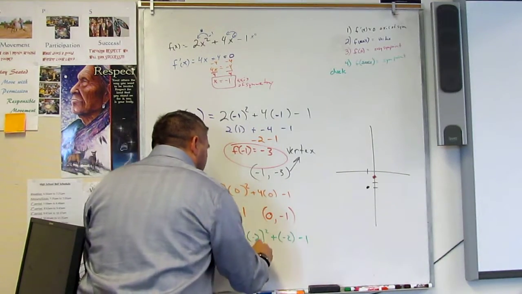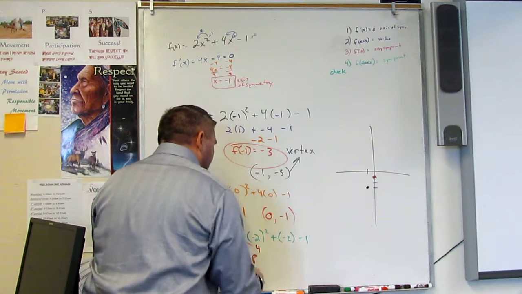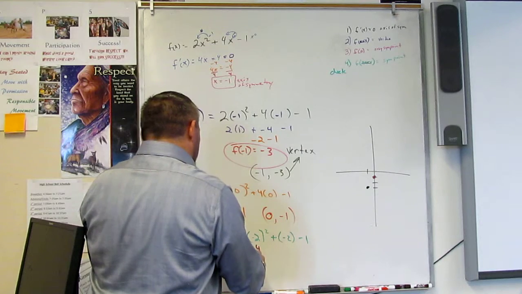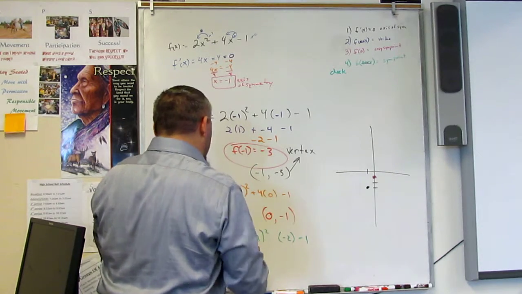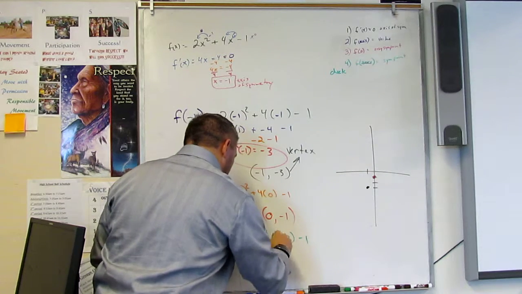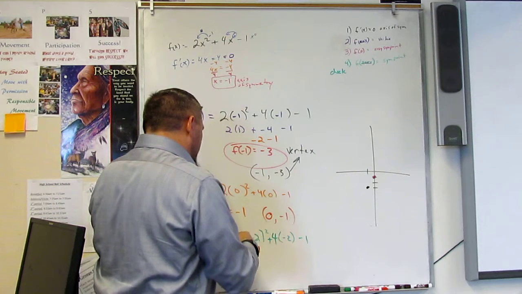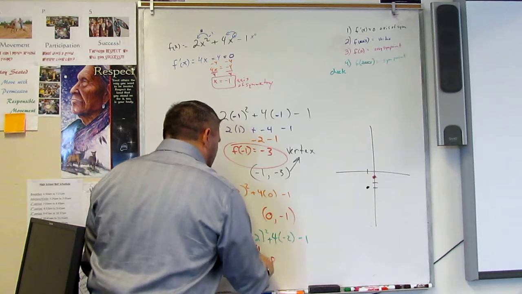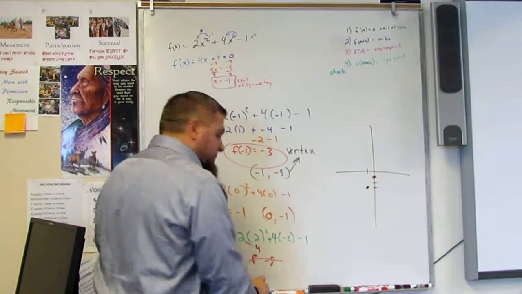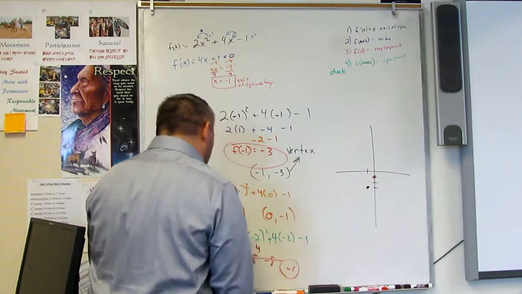Whether we do or not depends if we did the math right. Negative 2 squared is 4. 2 times 4 is 8. And then I've got negative, or I didn't write the 4 there. Sorry about that. Plus 4 times negative 2 is negative 8. So 8 minus 8 is 0. So I'm left with negative 1.